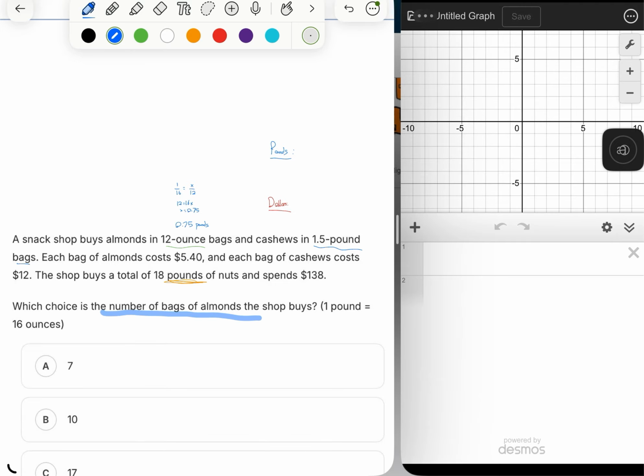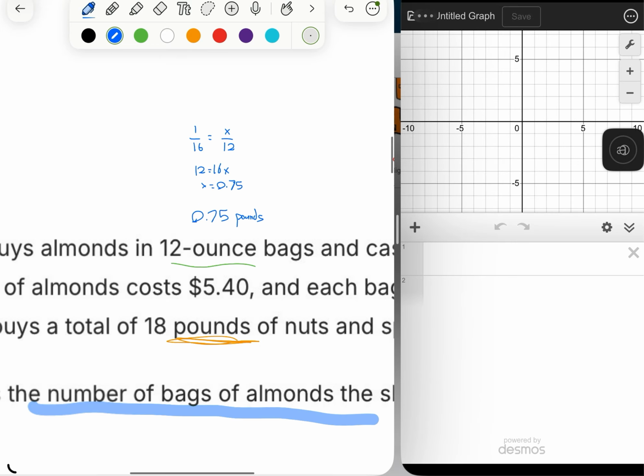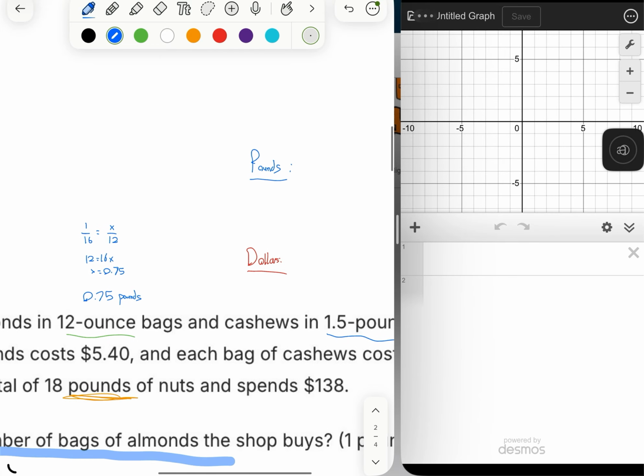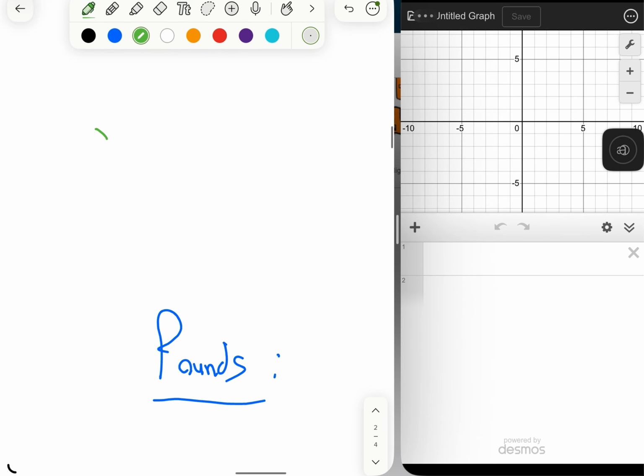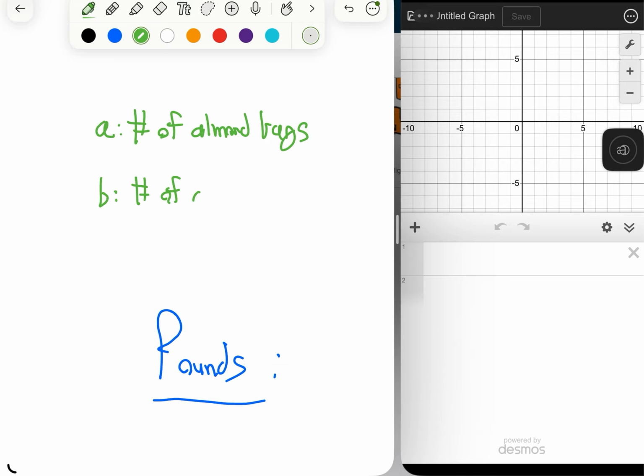So for example, we know that each almond bag adds 0.75 pounds. So let's use A. Let's say that A was the number of almond bags, and let's say that B was the number of cashew bags.